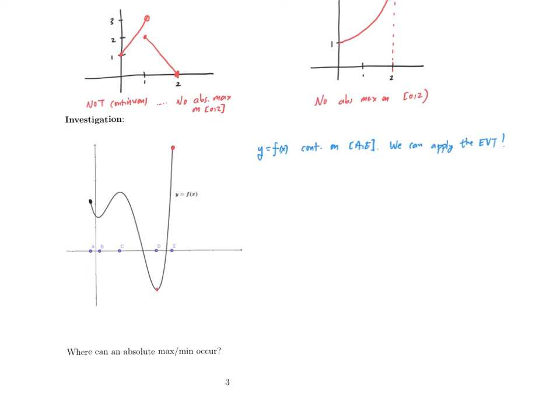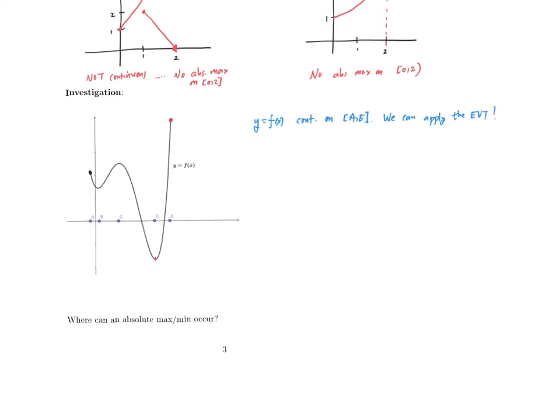And we want to know what are the defining characteristics that might allow us to find where those points occur. And note there's two possibilities, and we've illustrated them both here. You can have the maximum and minimum values occur at the endpoint of the interval, or a point between. And if you're going to have an absolute maximum or minimum that occurs somewhere in the interval, not at the endpoints, what is the defining characteristic?